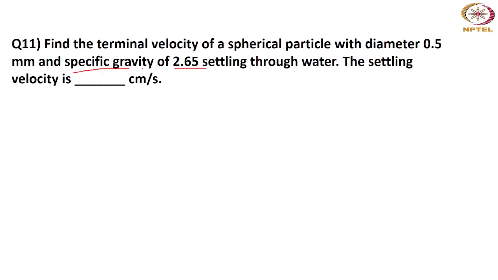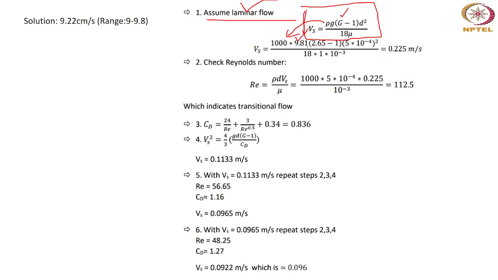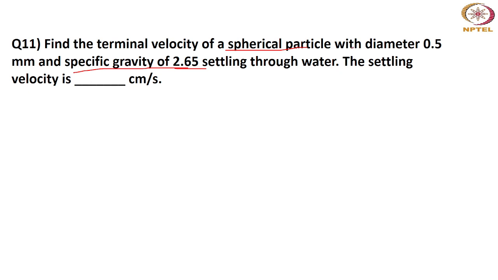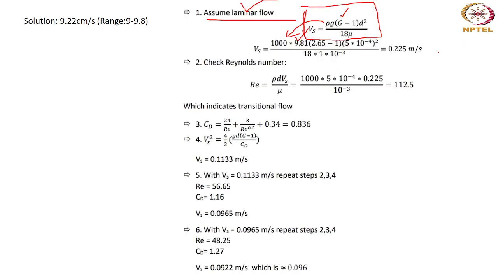This was the specific gravity of the spherical particle. So it is 2.65 minus 1 multiplied by diameter. Diameter is given as 0.5 mm, so you can write it as 5 multiplied by 10 to the power minus 4. I'm converting from millimeter to meter, and then square. It's as simple as that.